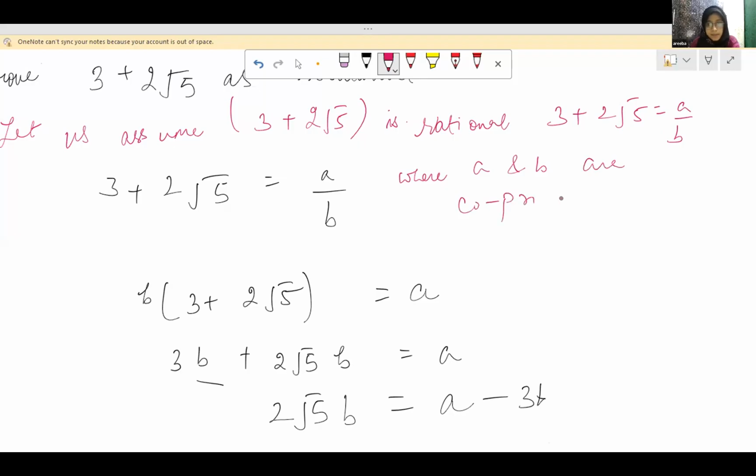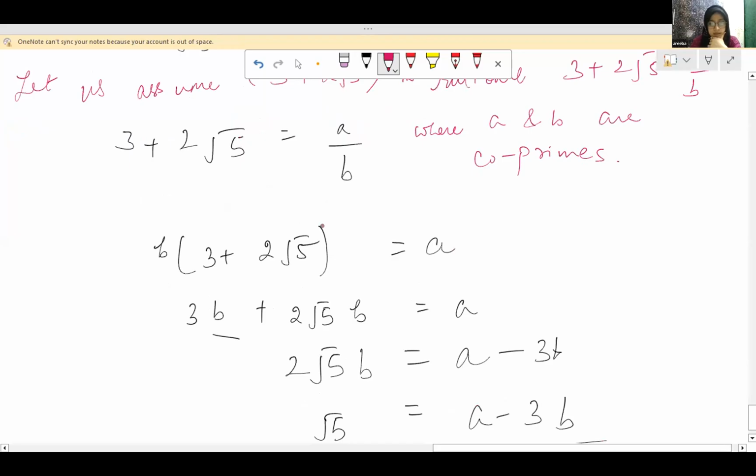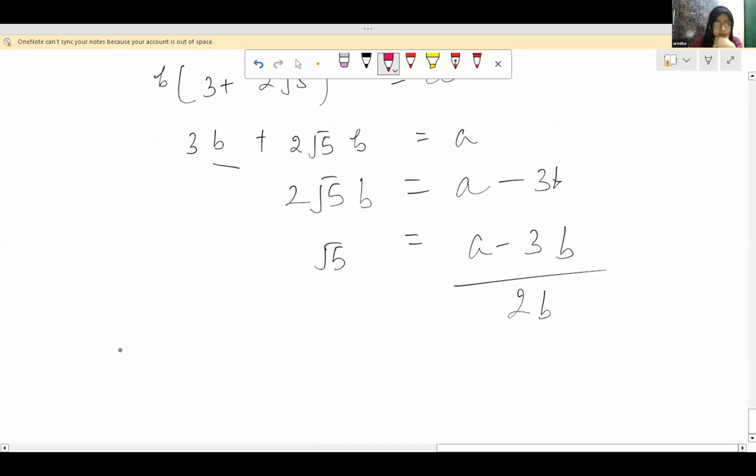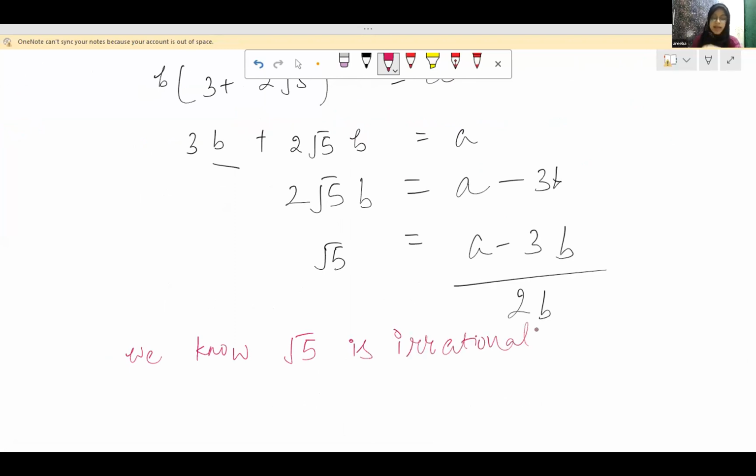Right, Ifra? Yes, ma'am. Easy. Now we already know root 5 is irrational. Irrational. Next lines.